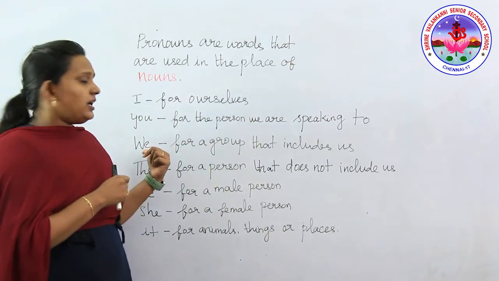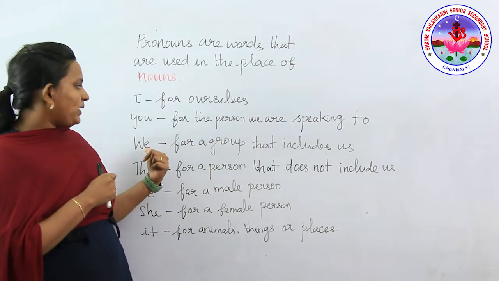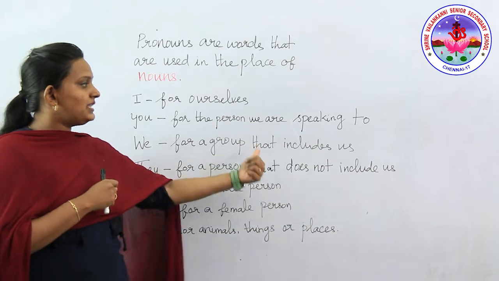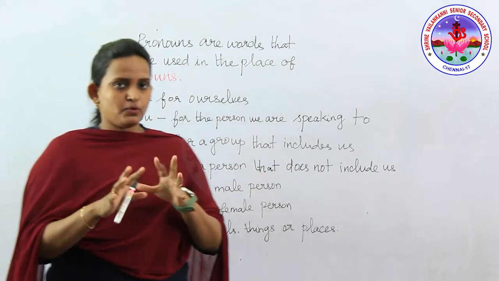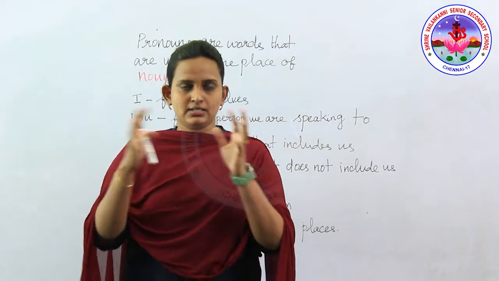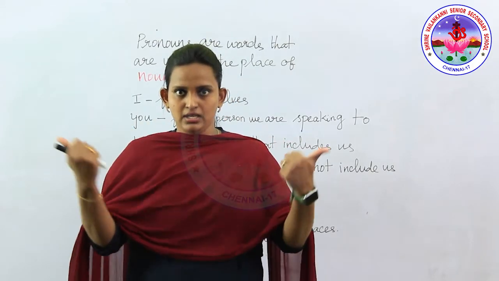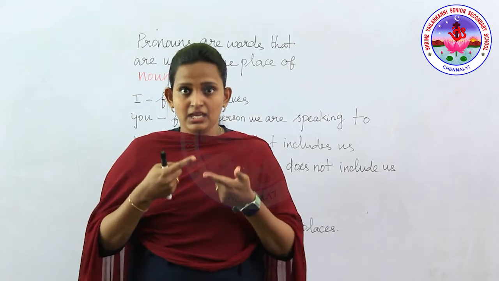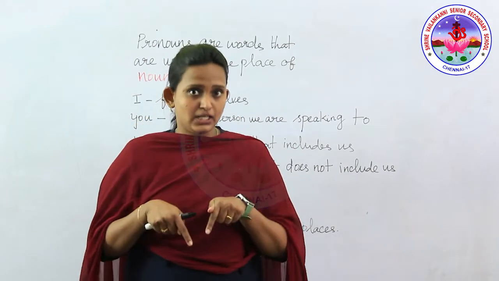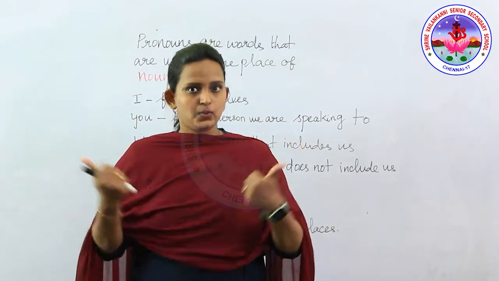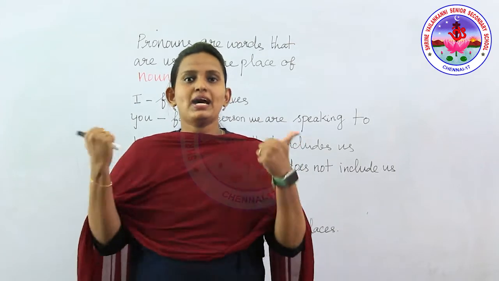And the third pronoun is we. We is used for a group that includes us. Suppose you are along with your father, mother, your friends. If you're going to say something, you will say we. If the person who is speaking is also included in that group, we say we. We are a family.